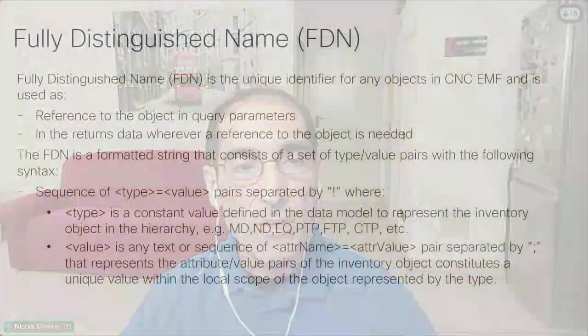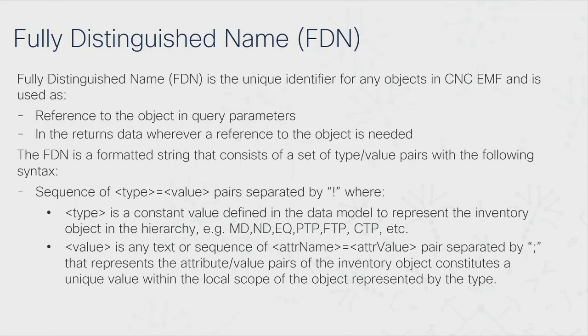Basically, the FDN, or fully distinguished name, is the unique identifier for every inventory object in the system. And it's the typical output you get when you query those APIs, and can also be used as a filter option on some of those API calls.